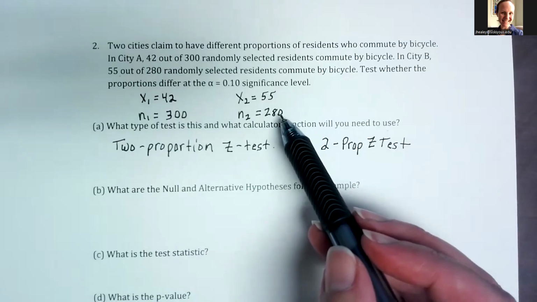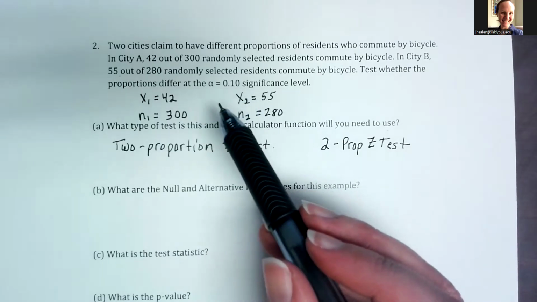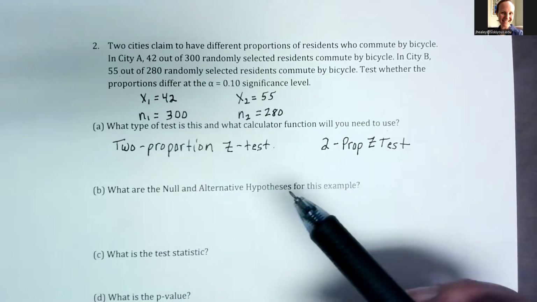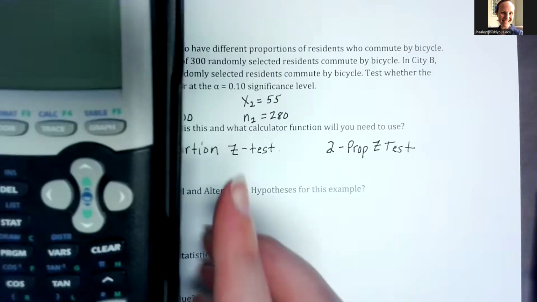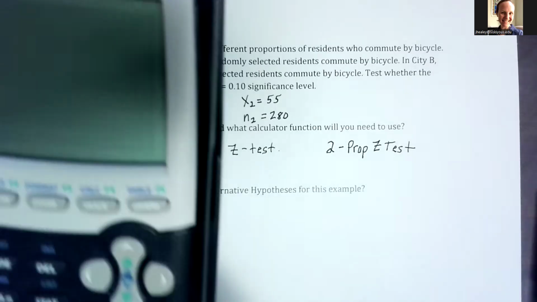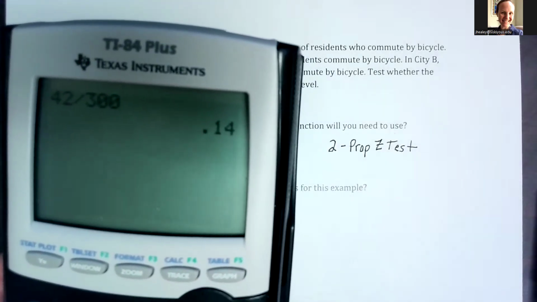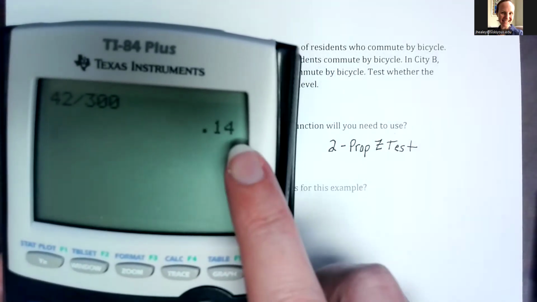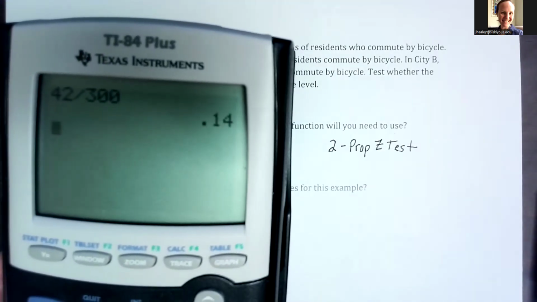And remember, to make sure we're allowed to do these tests, we need to make sure that the N times the P and the N times the Q for both of them is at least 5 or greater. So I'm going to take that 42 over 300. That's giving us 0.14. That's my P hat 1 because this is our first proportion.